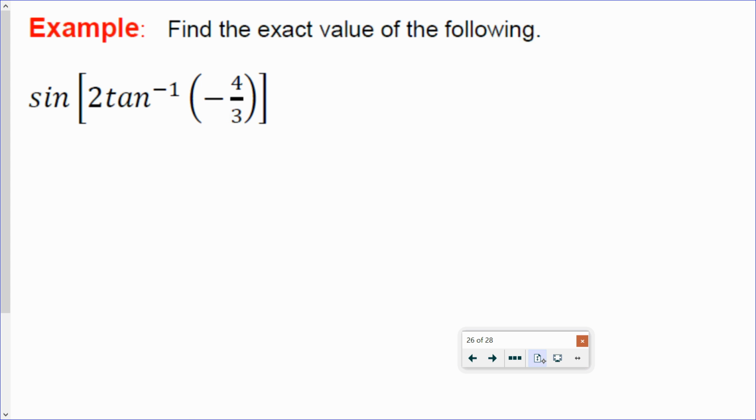So in this first one here, I want to find sine of 2 tan inverse of negative 4 over 3. So I'm going to use that strategy that I used in my last video. I am going to let theta equal tan inverse of negative 4 over 3.